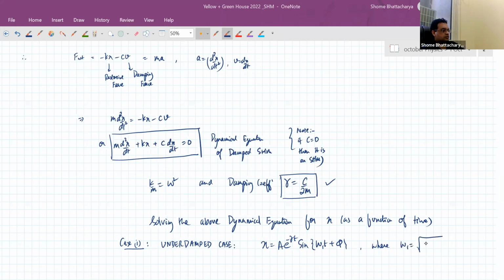So omega 1, this term, is given by the relation. So just note down up to here. I'll explain more about the underdamped condition.